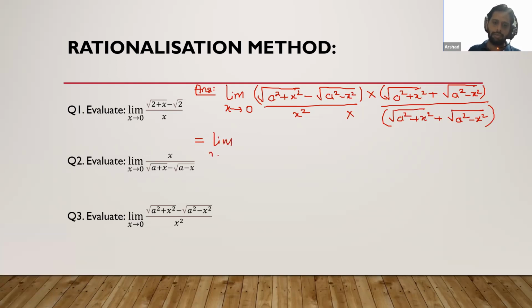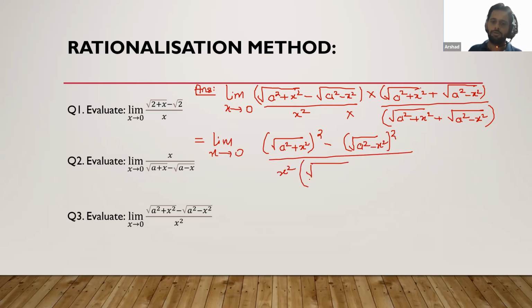So you will get limit x tends to 0, and here you will get a square, that means under root a square plus x square whole square minus under root of a square minus x square whole square by x square into under root of a square plus x square plus under root of a square minus x square.